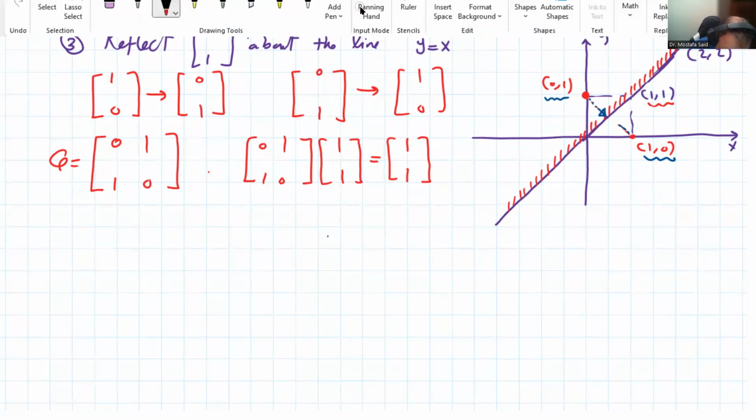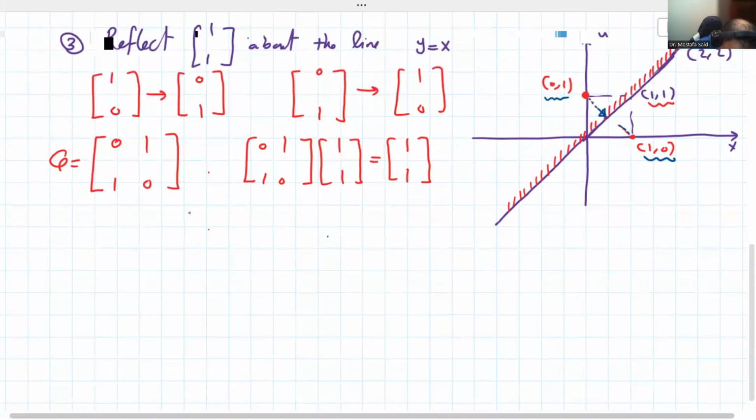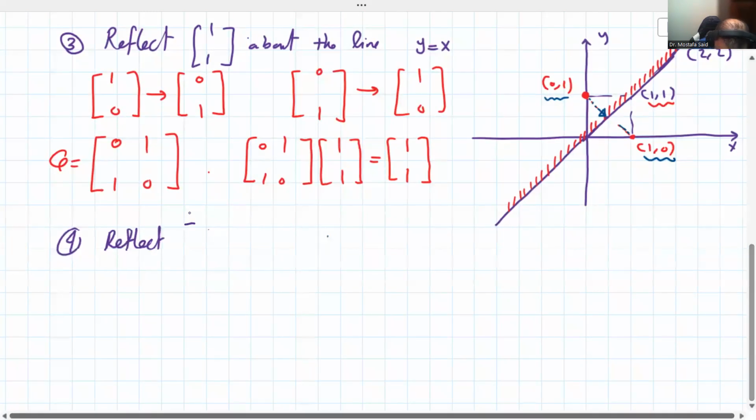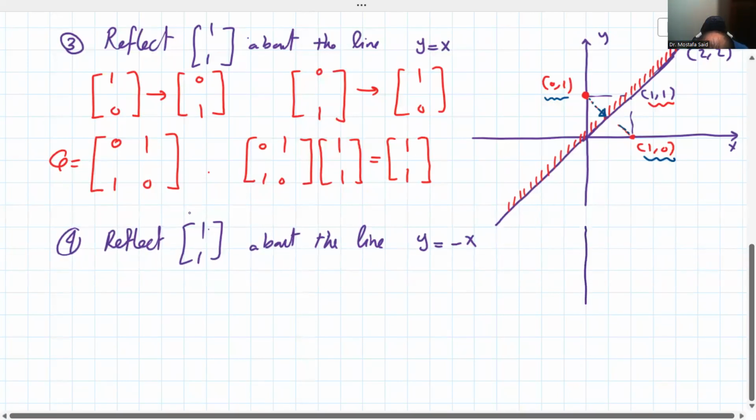Okay, number 4. Reflect again the same point 1, 1 about the line y equal to minus x this time. Of course, if you understand the first case, y equal to x, you can understand this easily.